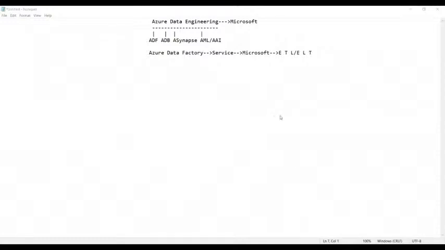Before we go ahead, let us first see what exactly extraction, transformation and loading is, then we will move further.